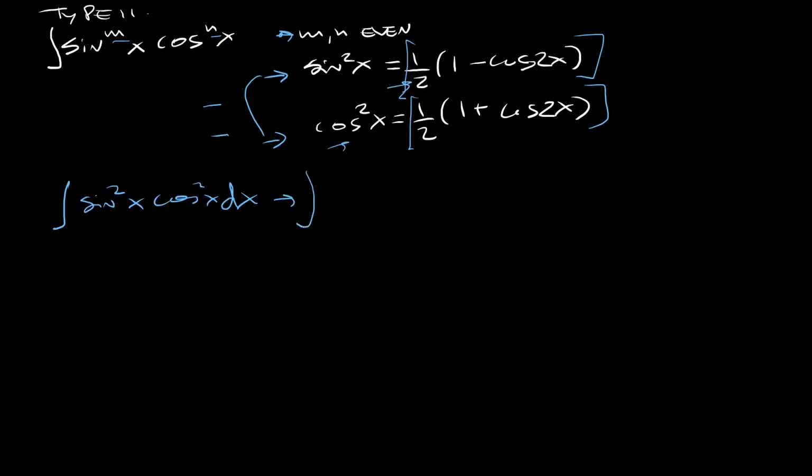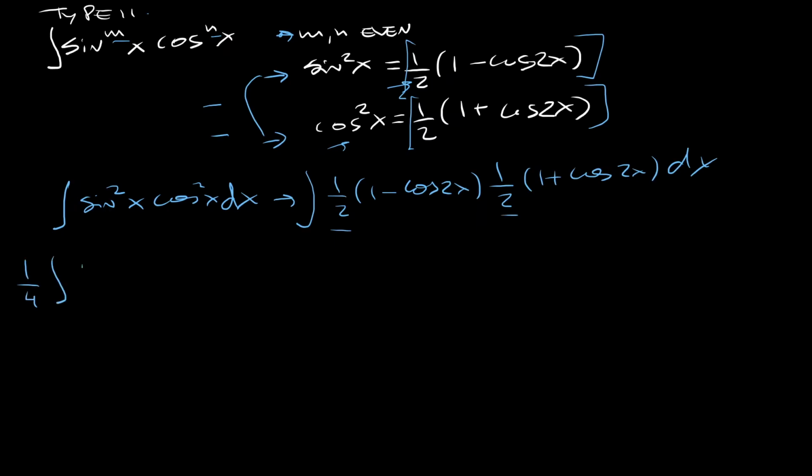So we have 1/2 times 1 minus cosine 2x, and then times the expression for the cosine squared of x, which is 1/2 times 1 plus cosine 2x dx. Now we have two constants, and we can take both out. So we have 1/4, and then 1 minus cosine 2x, times 1 plus cosine 2x dx.